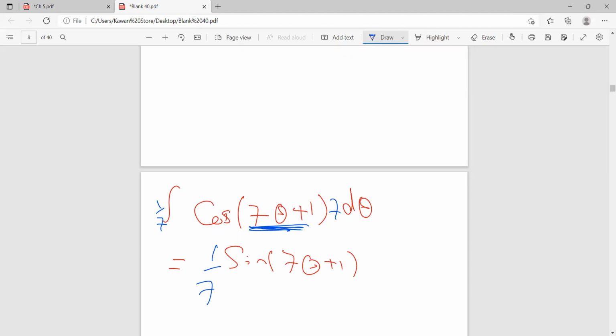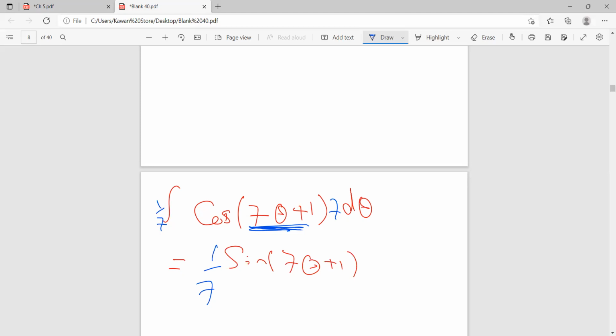Understood? If the angle needs a number, you can substitute it. You can put the number here and outside. Any question?